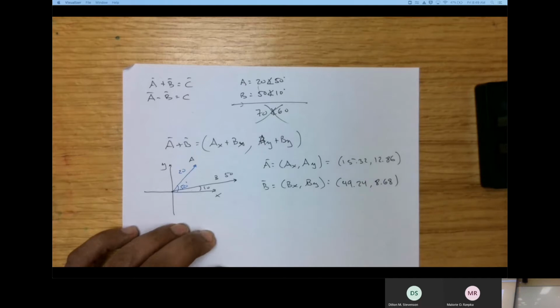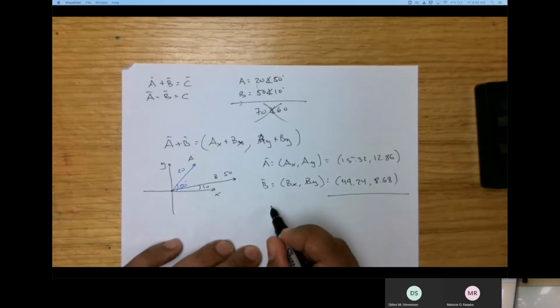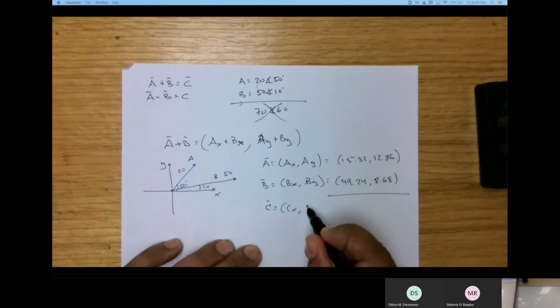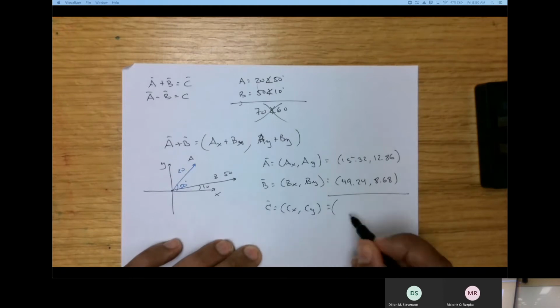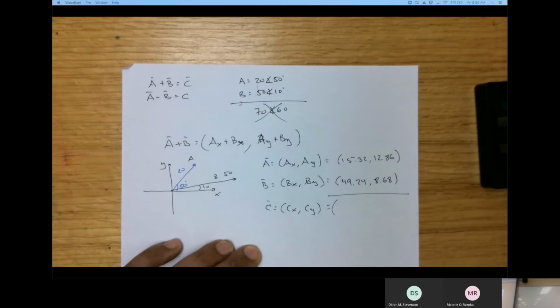Okay, so now that we have the X and Y components of each of the vectors, we add the X components with the X components, and we add the Y components with the Y components. So the C vector, the resultant vector, is going to have X and Y components. For the X component, it is going to be 49.24 plus 15.32.